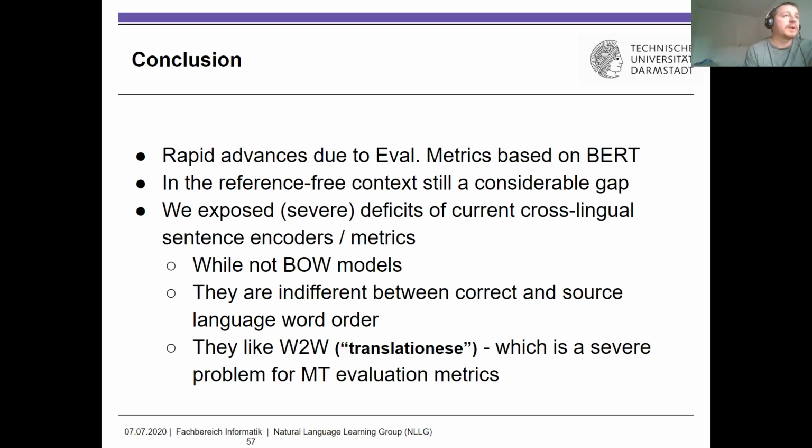On the one hand, it shows that those metrics have no deep understanding of language across two languages, because they have this preference for literal translation, and on the other hand, it shows you cannot really use those metrics reliably for reference-free machine translation evaluation.